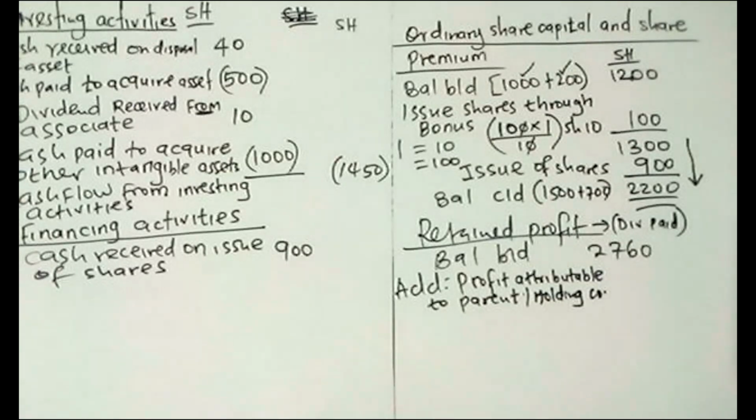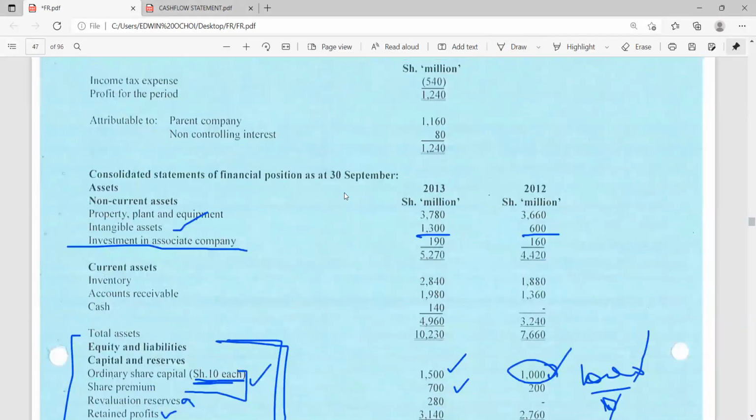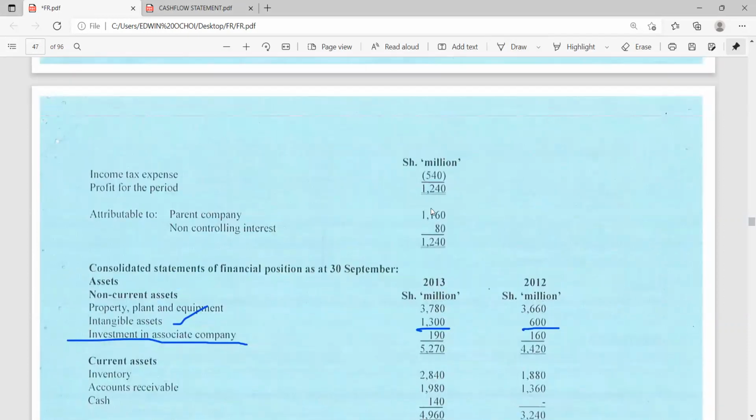Dividends is what we are looking for. So the profit attributable to the parent company is from the income statement. You can see 1,160. Students, 1,160 is what is provided there as profit attributable to the parent.